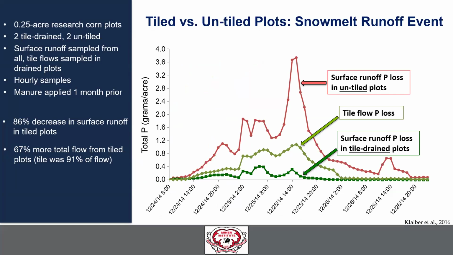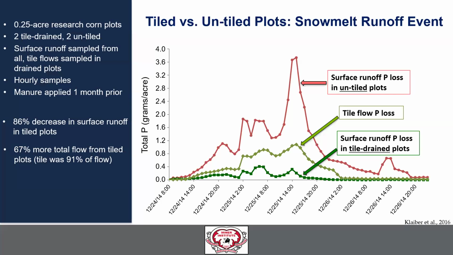So here we see our tile drainage water with much lower loading of phosphorus, indicating that as that drainage water moved through the soil profile, phosphorus that started out in the surface water was being removed.